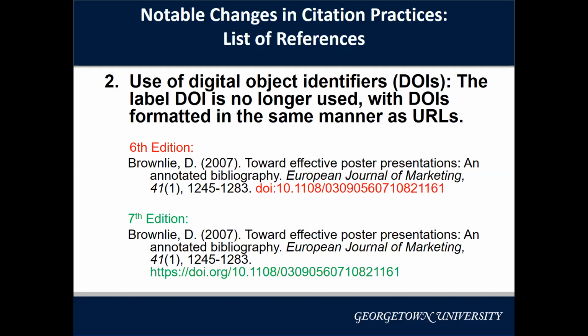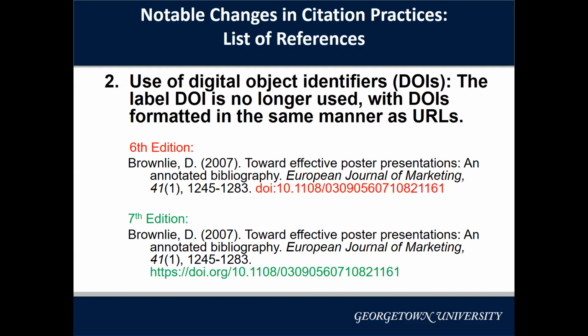As a reminder, APA recommends providing a DOI whenever it is available because it tends to be a more stable, long-lasting link for online articles than a URL, which can potentially change. DOIs are unique to their documents and consist of a long alphanumeric code. Many publishers will provide an article's DOI on the first page of the document.